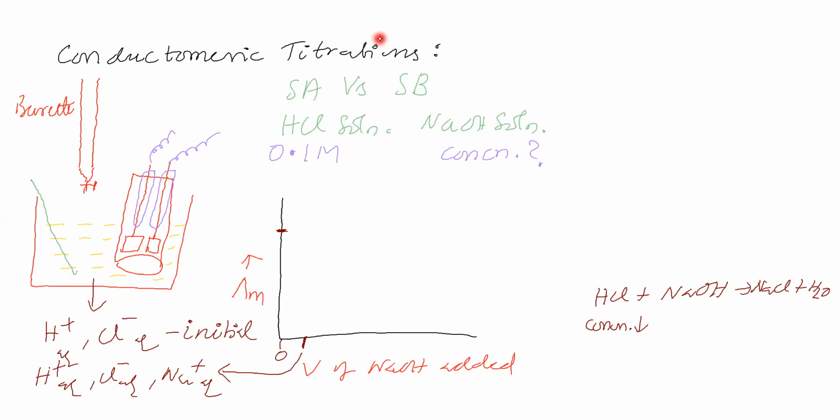Now lambda m of the solution at this case, where you have added some amount of sodium hydroxide, is nothing but H plus contribution plus Cl minus contribution and Na plus contribution. Lambda m of solution initially is nothing but H plus contribution and Cl minus contribution.